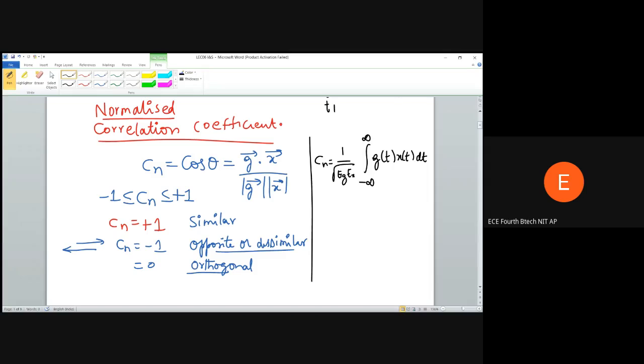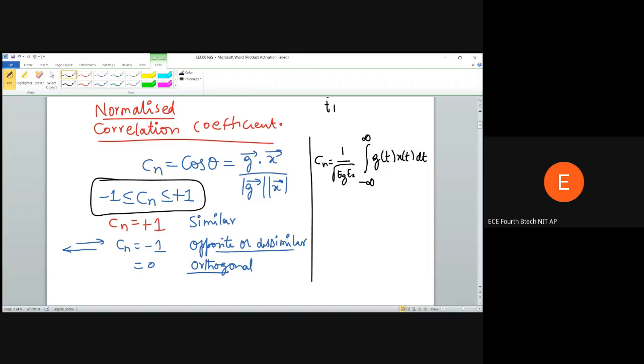Here also you can check that the normalized correlation coefficient satisfies the same condition.